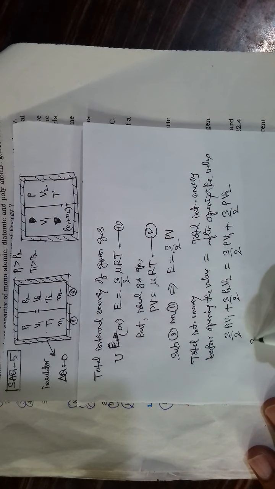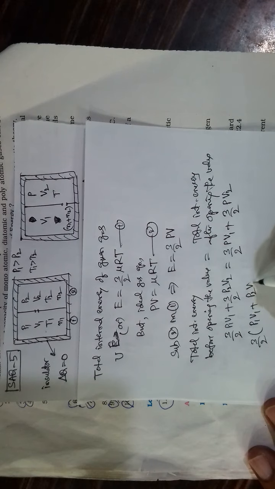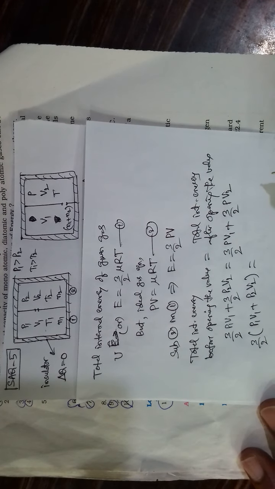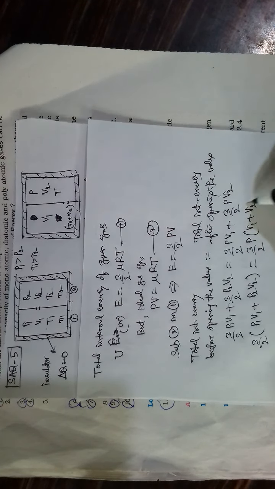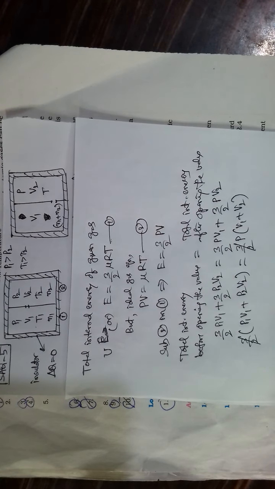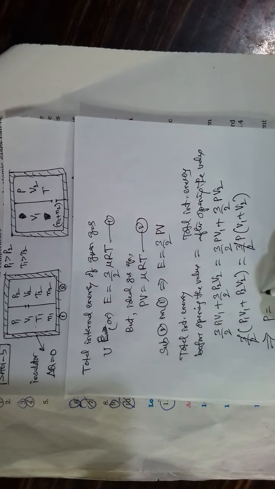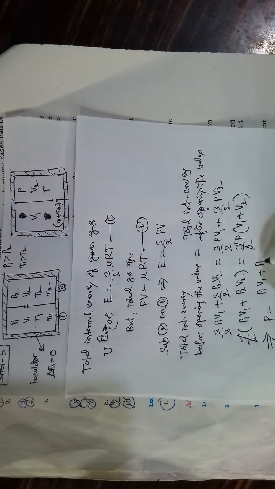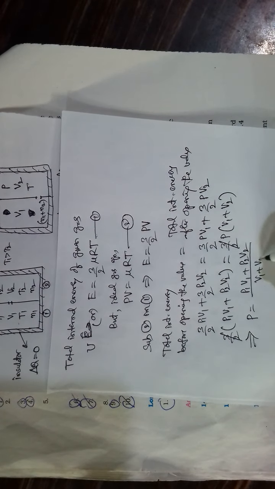Now 3 by 2 is taken common, and the 3 by 2 cancels. So this gives P is equal to P1 V1 plus P2 V2 by V1 plus V2.